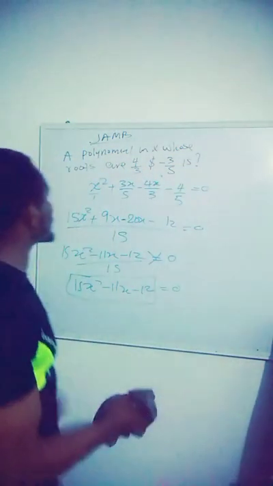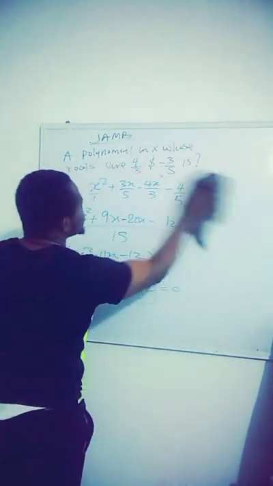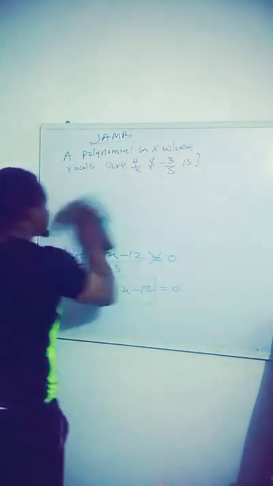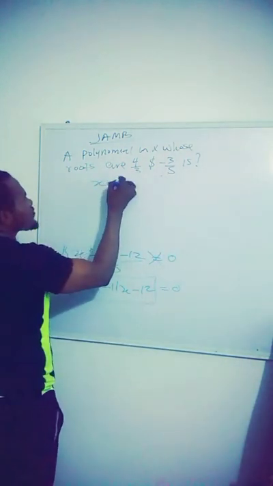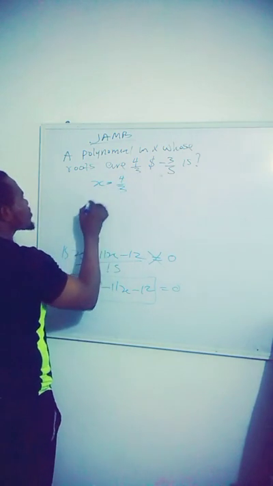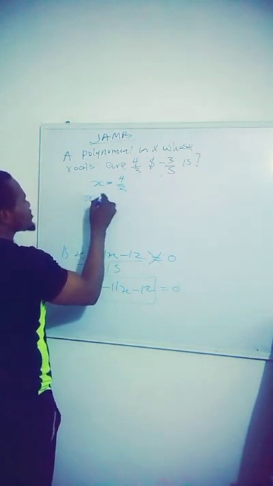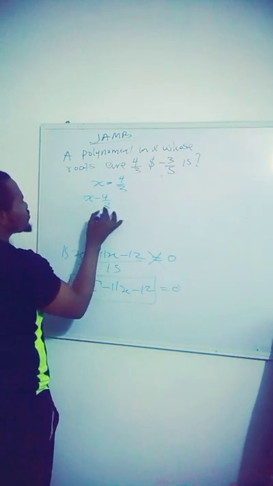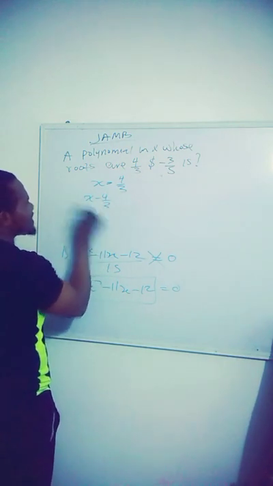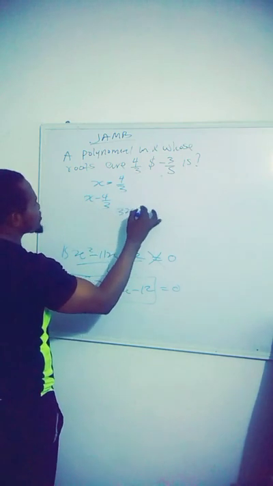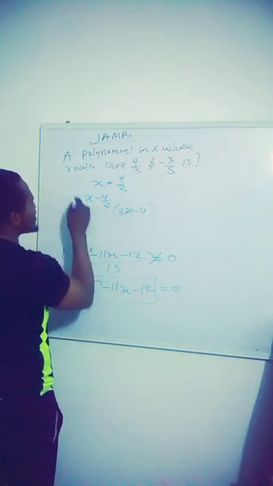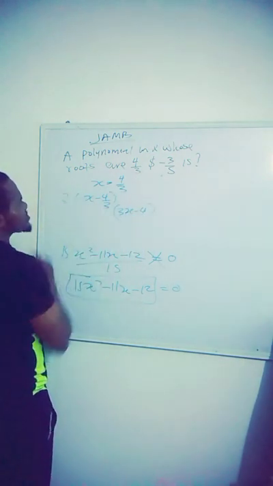Now let me show you one shortcut. Let's see if we are going to get it right. If s equals 4 over 3, it becomes s minus 4 over 3. If you cross multiply, you can write this as 3s minus 4, that means multiply this by 3.